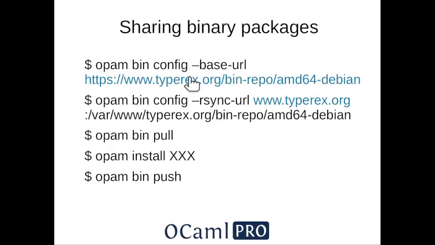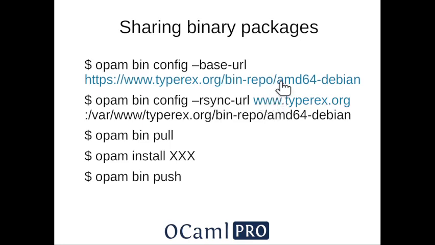This command is going to patch all the OPAM files in the repository to use this URL as a source for the archives. We also need a second option to tell it where it should copy the repository, but this time using rsync and SSH instead of a URL.